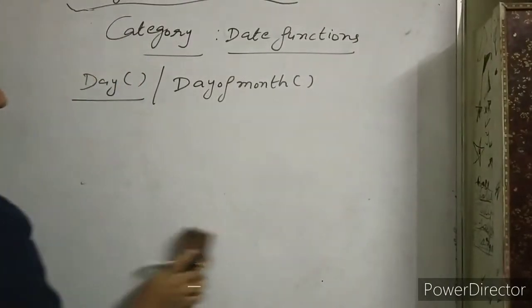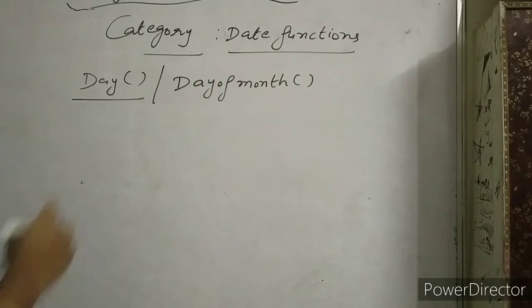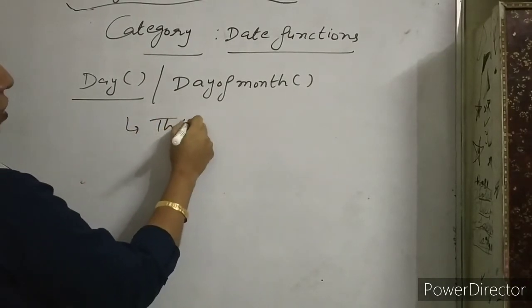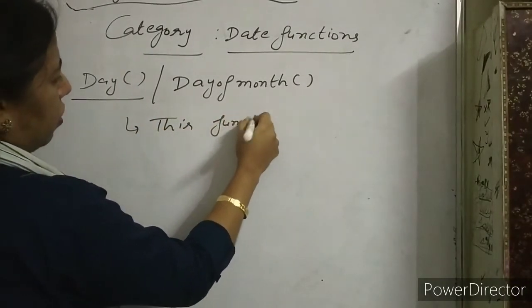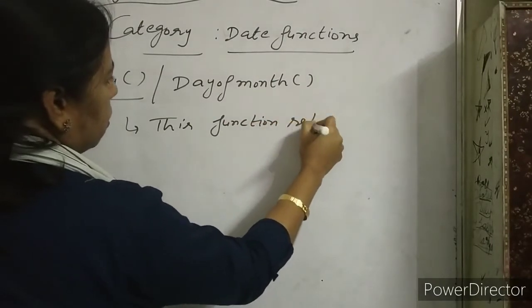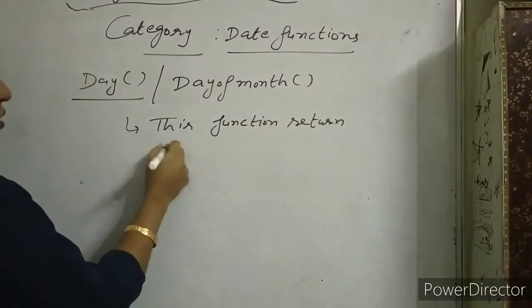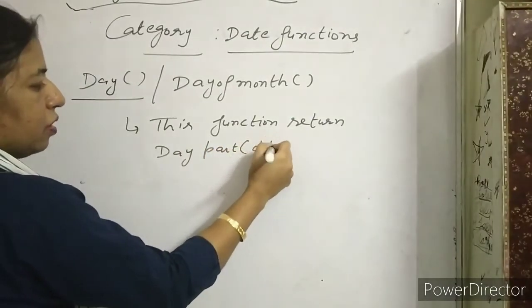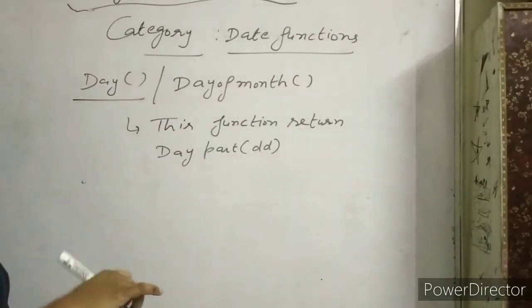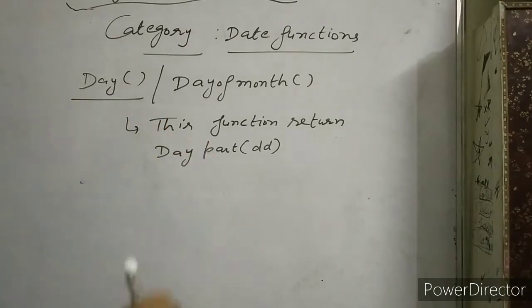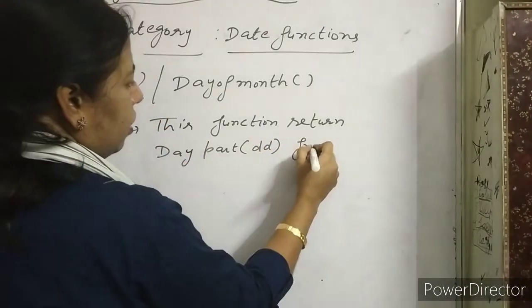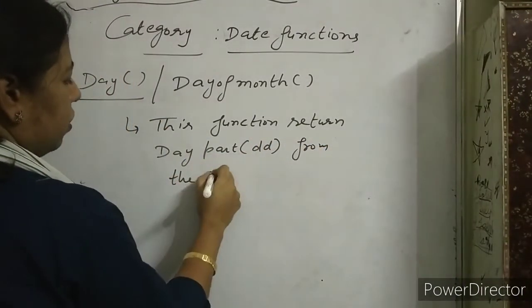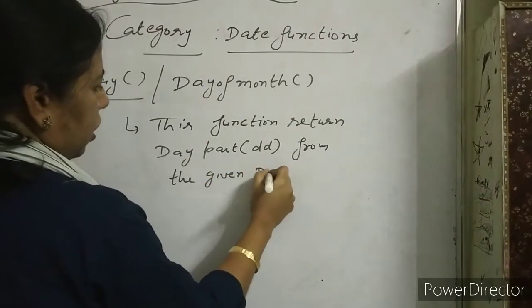This function returns the day part, meaning the DD part in our date, YYYY, MM, DD. Day part from the given date. Clear?